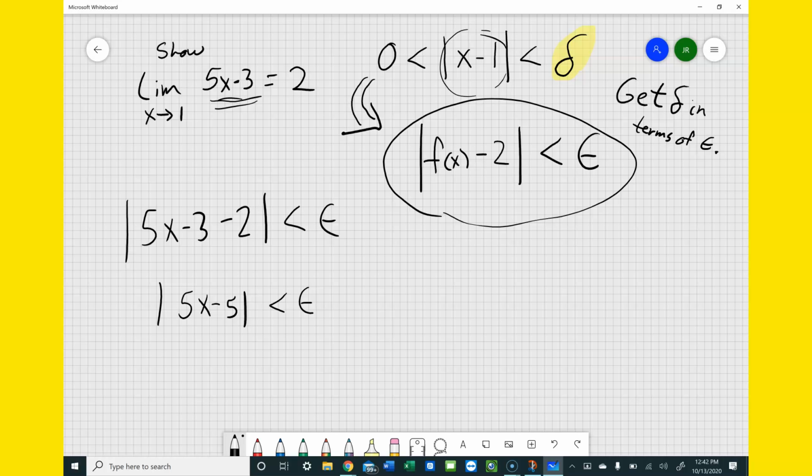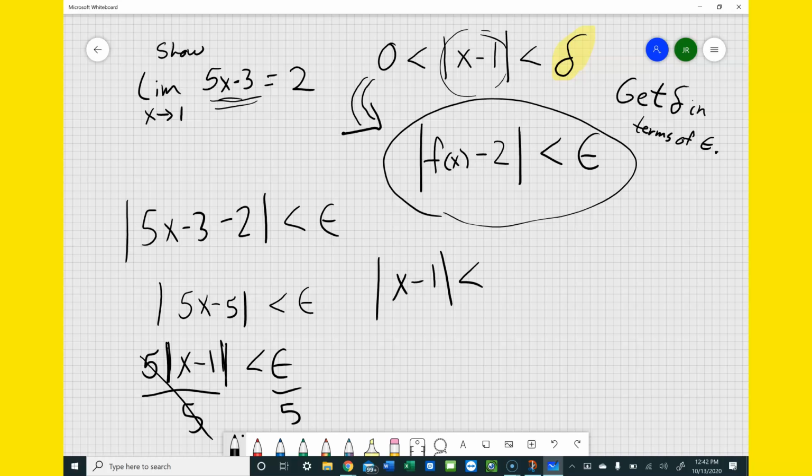So watch this. If I factor out a 5, that leaves me with the absolute value of x minus 1 less than epsilon. Then divide both sides by 5, so that I now have the absolute value of x minus 1 is less than epsilon over 5.